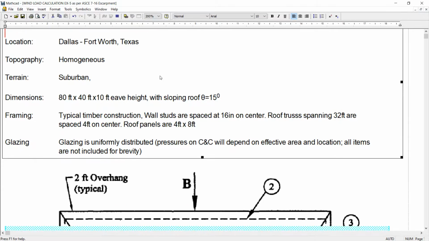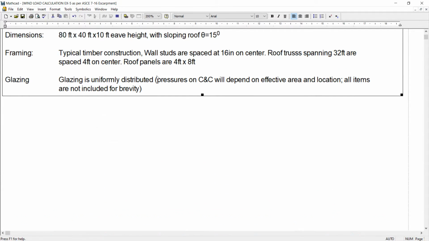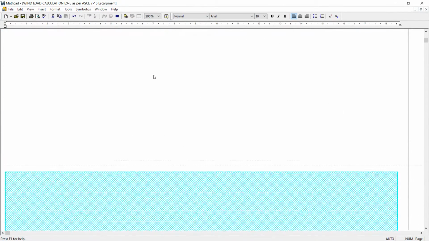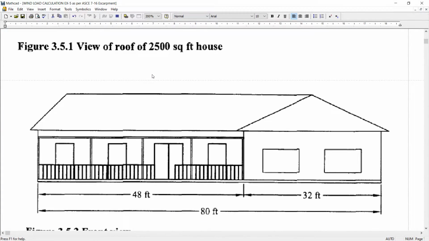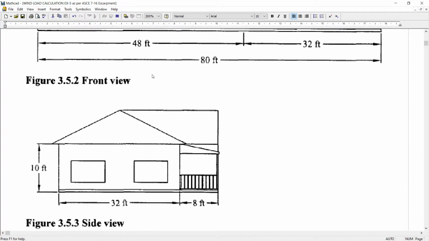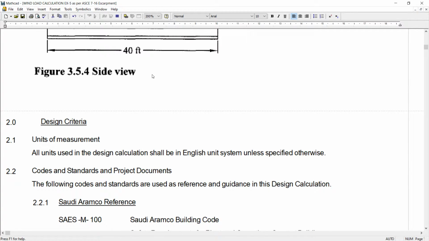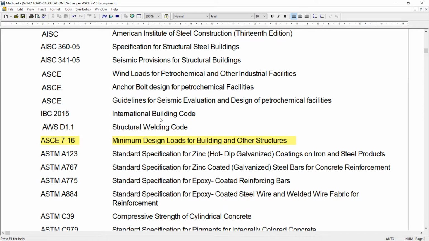So here is the reproduction: plan, copied the same thing, elevation, side, another side.